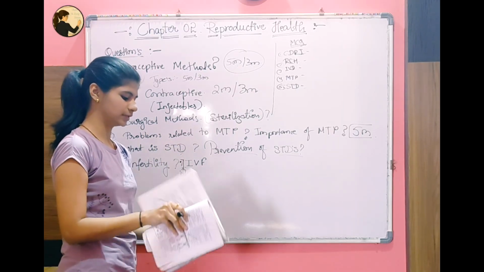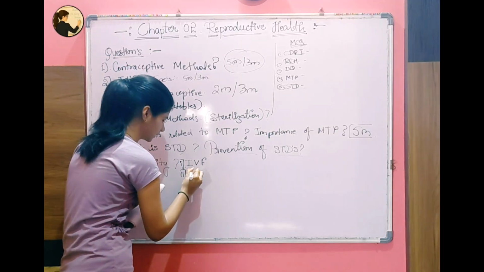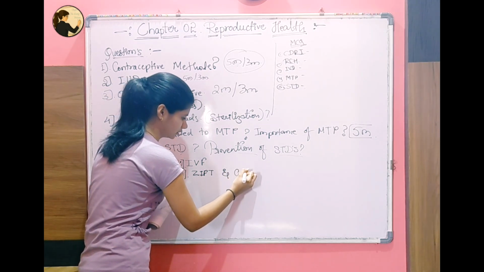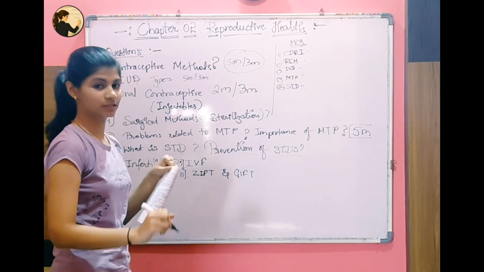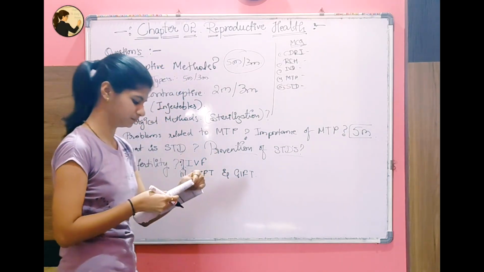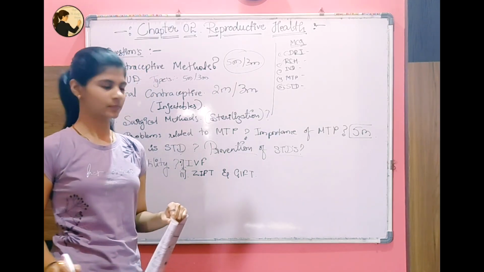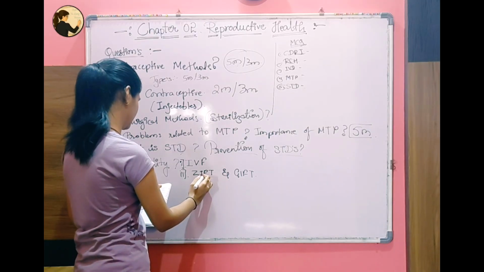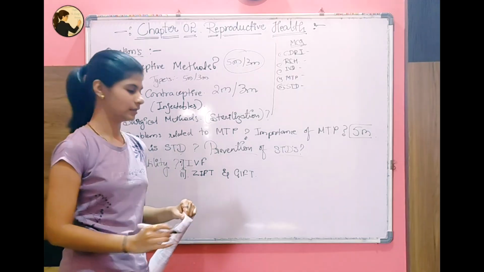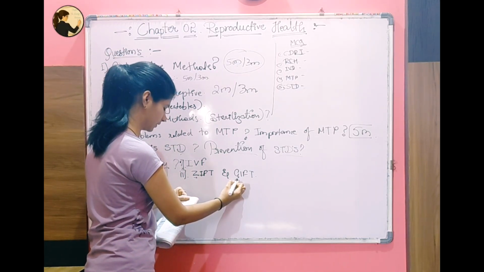Then you are going to get ZIFT and GIFT, not that WhatsApp gift. This GIFT is totally different. ZIFT is zygote intrafallopian transfer and GIFT is gamete intrafallopian transfer.